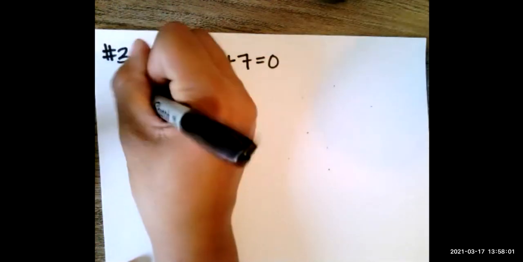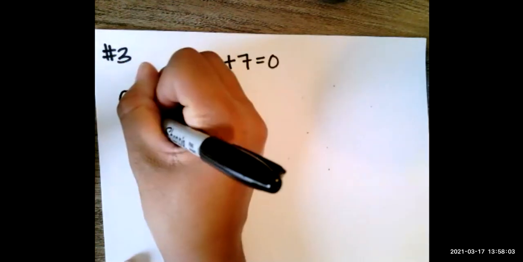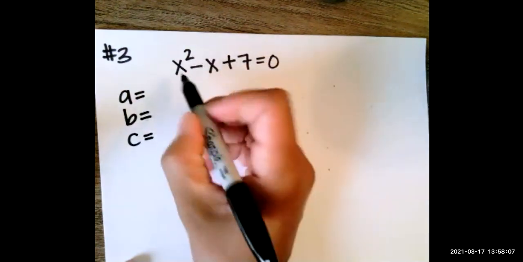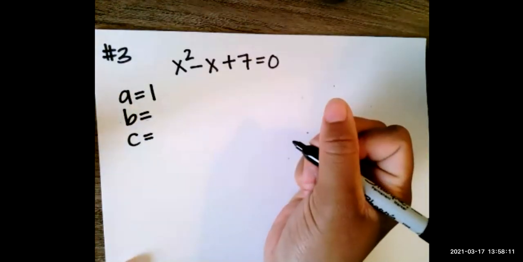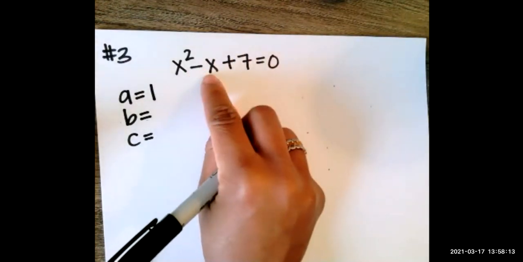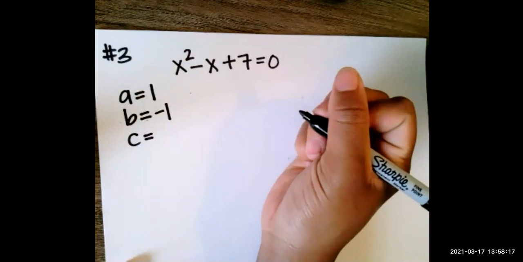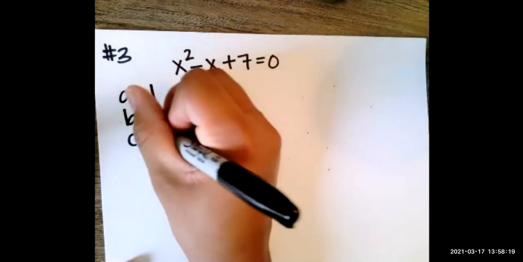But if you don't see a value in front of your x or x squared, it's because the value is 1. For example, x squared, the a value is 1. For minus x, it's actually negative 1 in front of the x. And for c, we have positive 7.